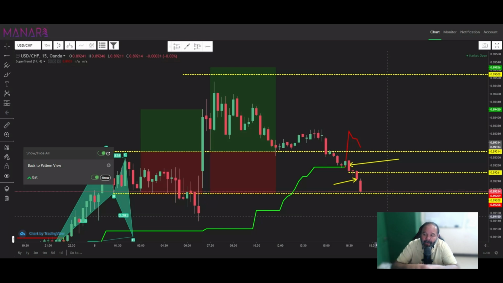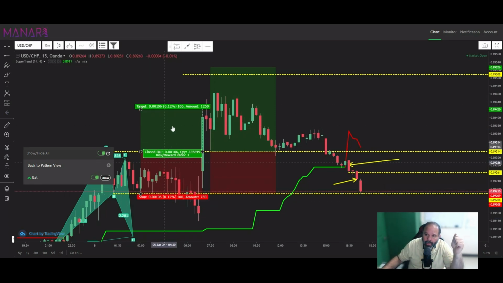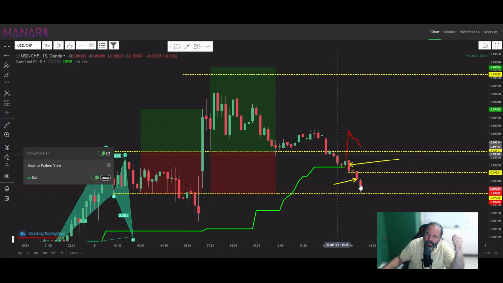You are saving money, because you started making 0.6% profit when you won this trade. But once you let it run negative on a trend change, then you are losing money. Instead of 0.6, 0.5, 0.4, it goes down and down.